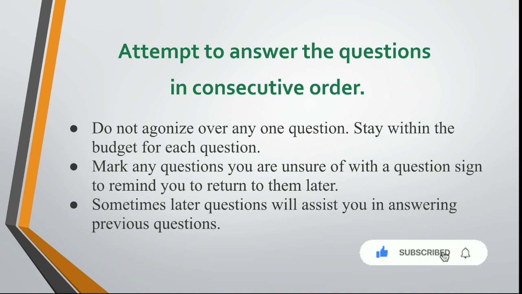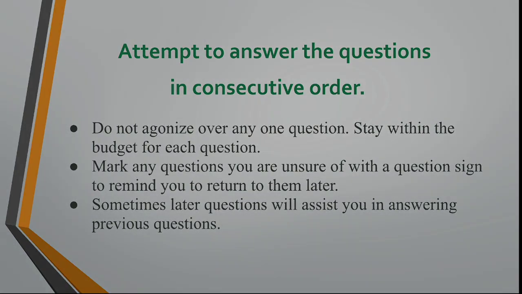And in some cases, you may realize that questions that are further down on the question paper may help to assist you with answering a previous question. So the key thing to take away from this strategy is that it will prevent you from having any form of confusion while answering the question paper.